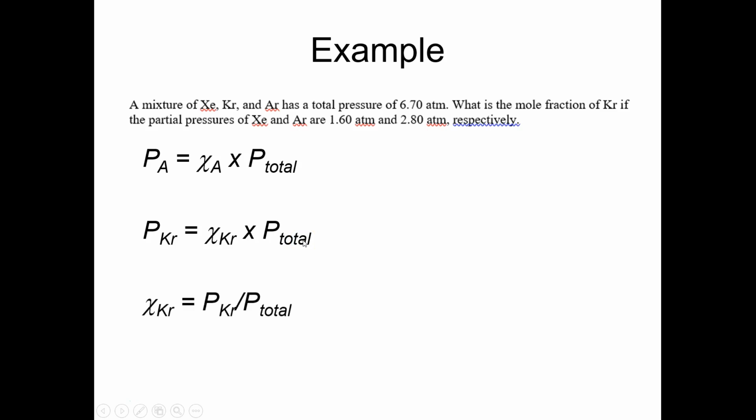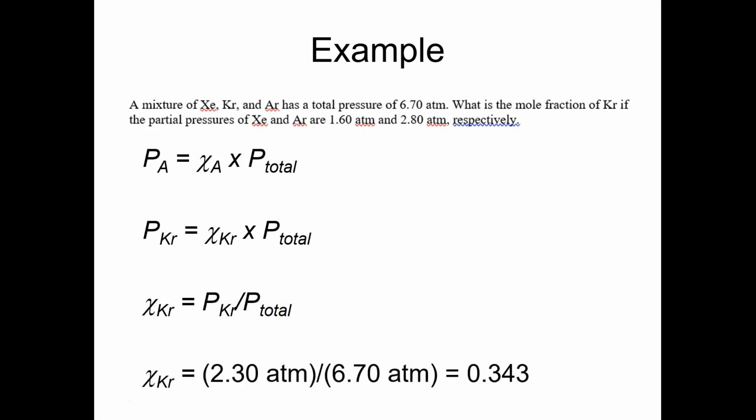We want to solve for the mole fraction of krypton. That's going to be equal to the partial pressure of krypton divided by the total pressure. On the last slide, we worked out that the partial pressure of krypton was equal to 2.30 atmospheres. The total pressure is 6.70 atmospheres. Therefore, the mole fraction of krypton in the mixture is 3.43.